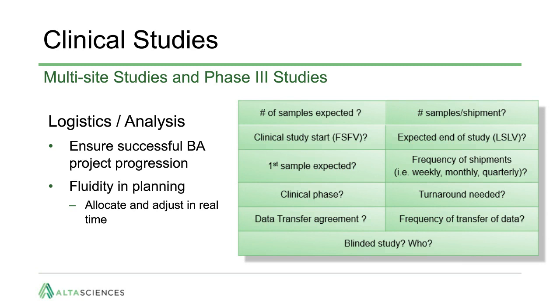What are the frequency of shipments? Will sample shipments be weekly, monthly, quarterly? What are the turnaround times needed on the samples? When is the data transfer agreement going to be put in place? And what is the frequency of data transfer? Who is blinded and who is not on the bioanalysis?